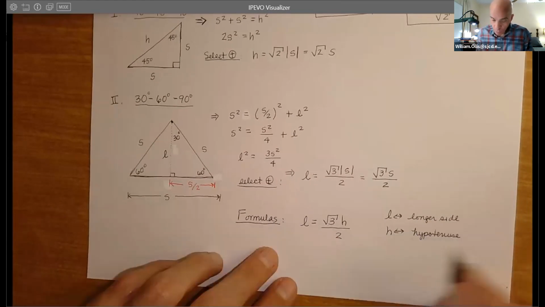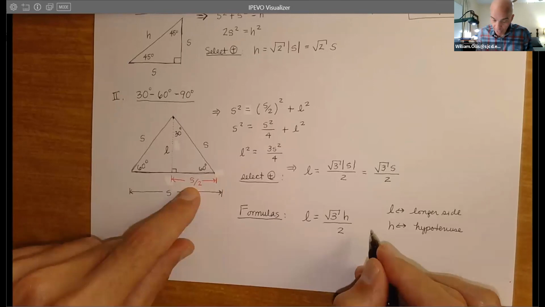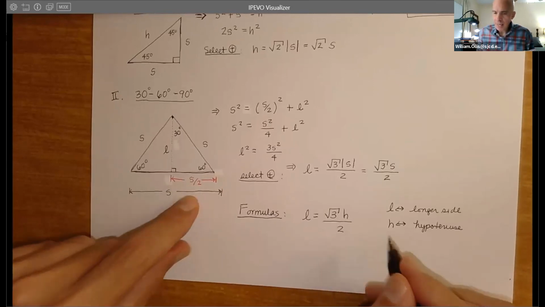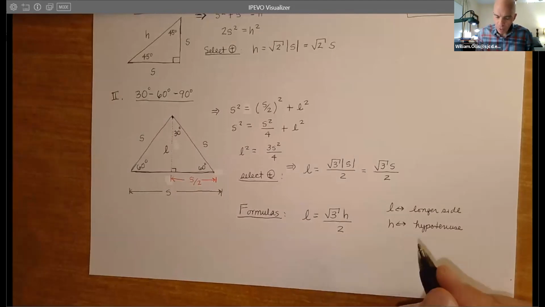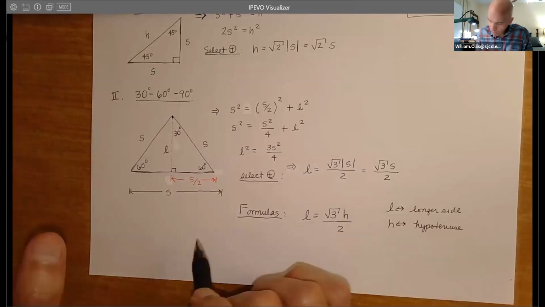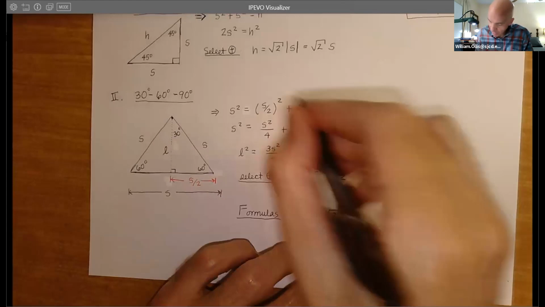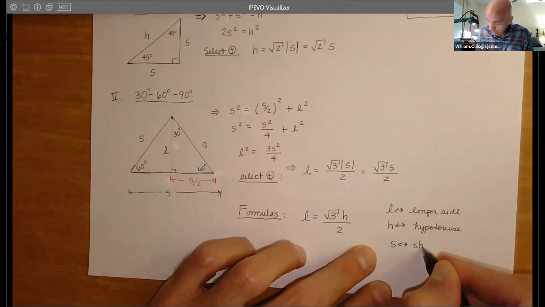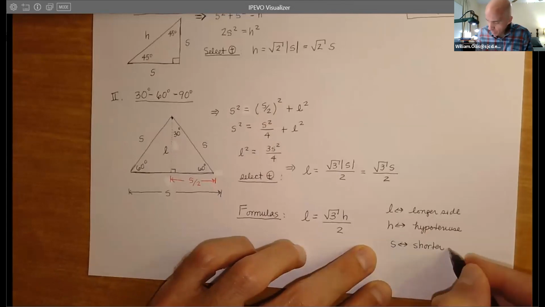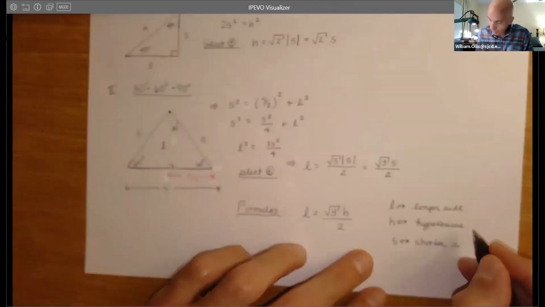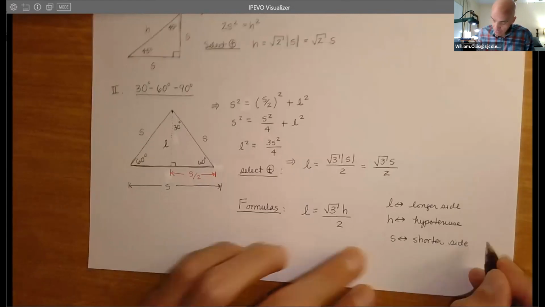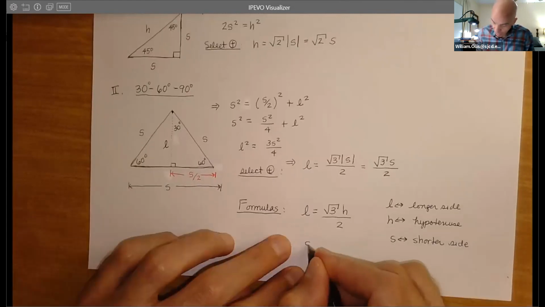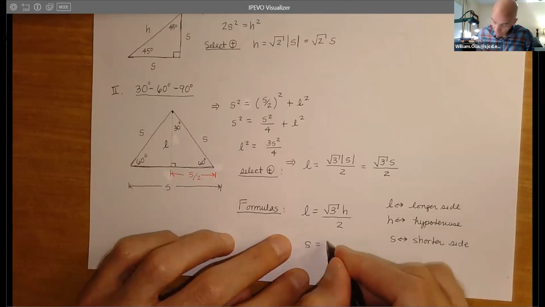And then now, of course, we already have the shorter side in this particular case, which we can again think, okay, well, how are we going to call shorter side? So we're going to change everything up. We're going to say S will correspond to shorter side. Maybe I should have just started with a different letter altogether. So then we'll say S, shorter side, will just be half the hypotenuse.